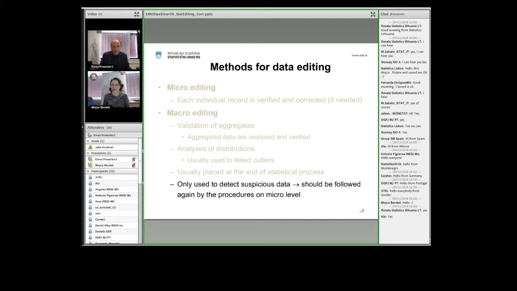Macro editing should be done only to detect suspicious data, and then it should be followed again by procedures on the micro level. The correction should never be made on the aggregated level. You should not correct the aggregates, but you should go back to the micro level and find the reason why some aggregates are a bit suspicious.